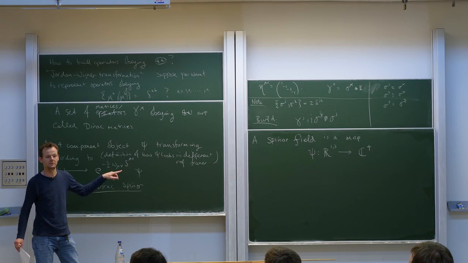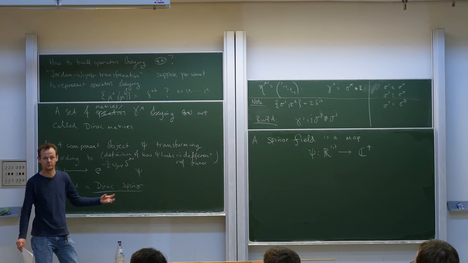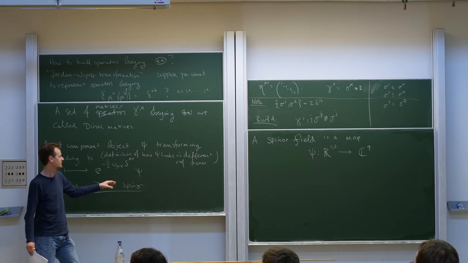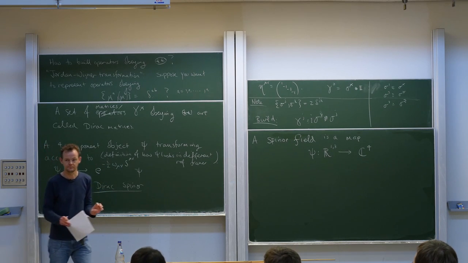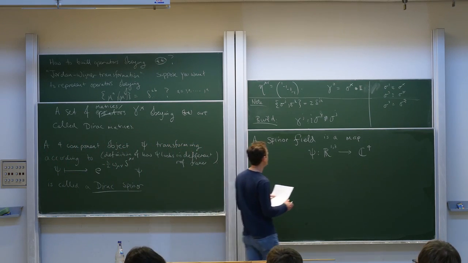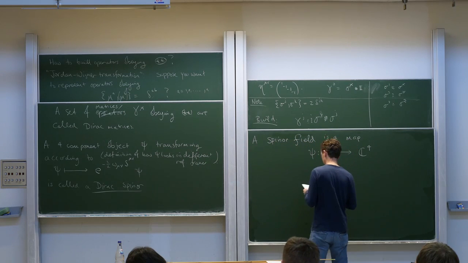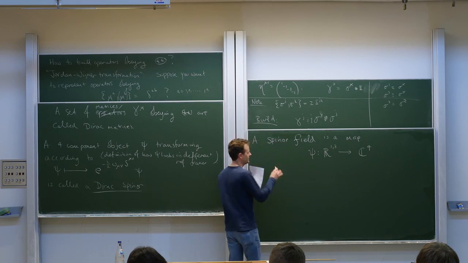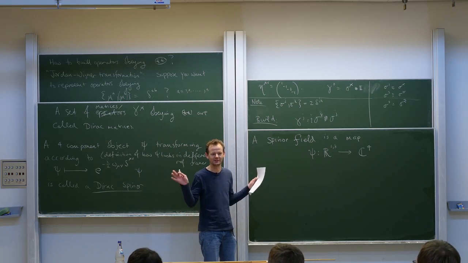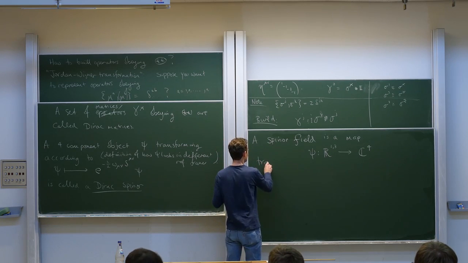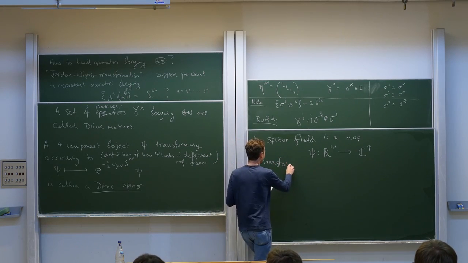Transforming according to really means that I hereby define that in different reference frames, this object looks like this. And I'm going to use this terminology throughout the course, so you have to get used to it. As I'm about to now.